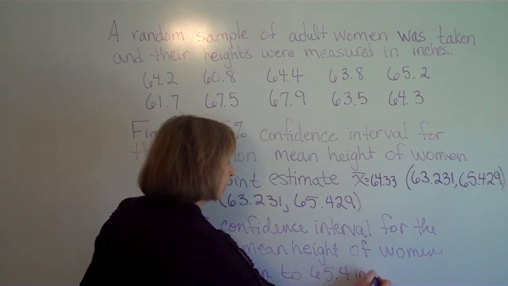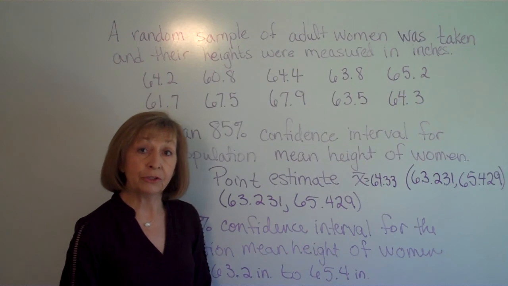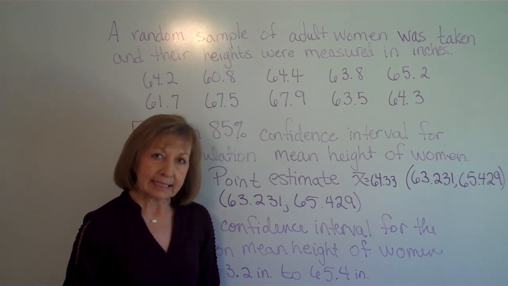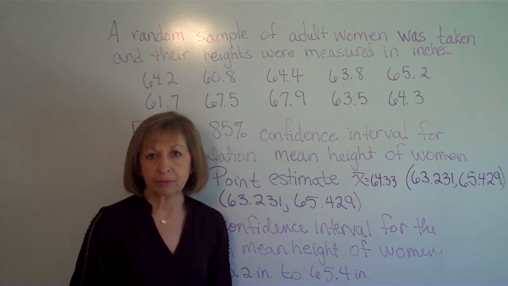And we want to make sure that we also give our units in our sentence so that the person reading it gets exactly the information that we're trying to portray to them.